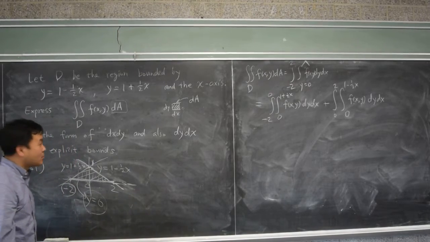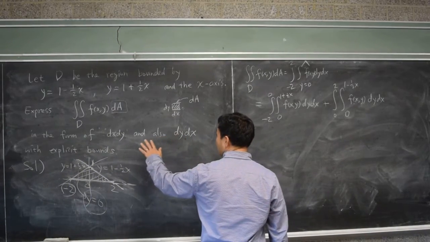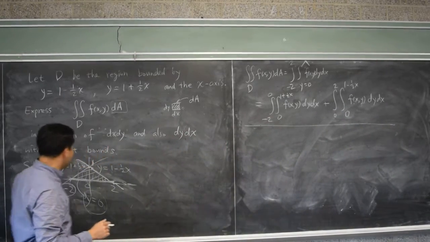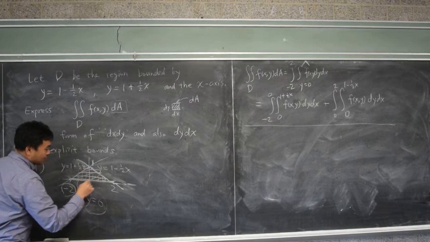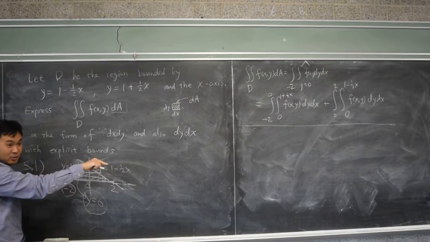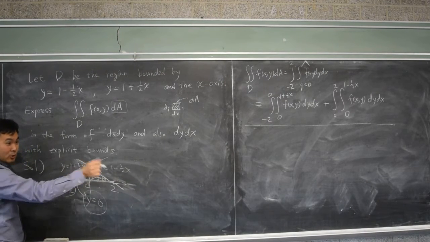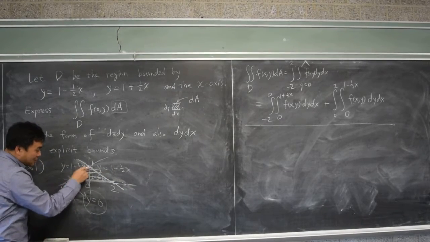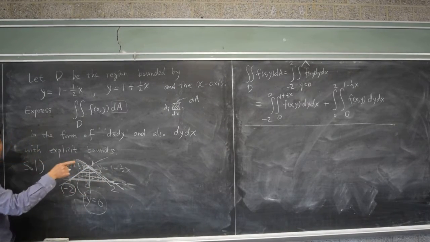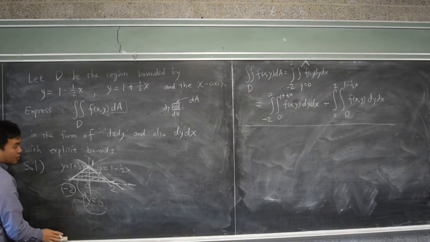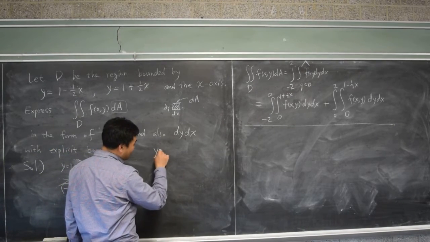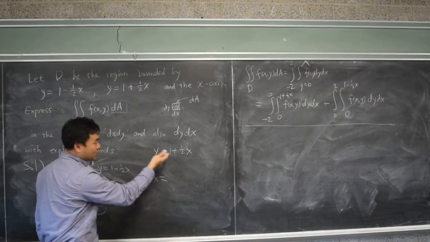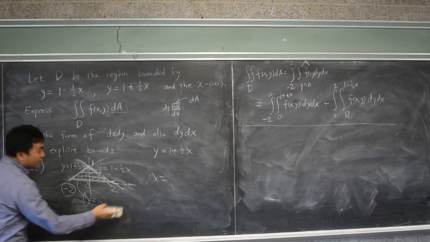Okay, that's the first part. Now let's try dx dy. How would you express this in terms of dx dy? For x, you're trying to paint going right, so you have to express where it begins and where it ends as x equals something. So the task at hand is to express y equals 1 plus 1/2 x as x equals something.